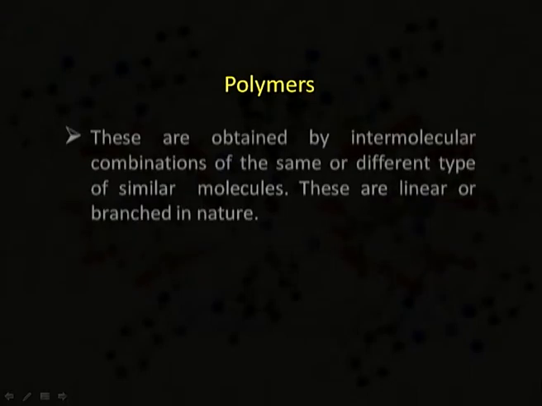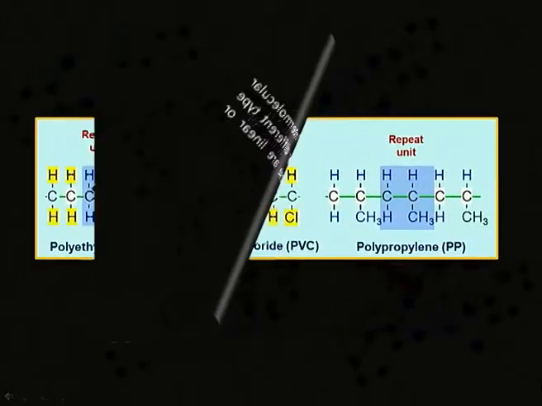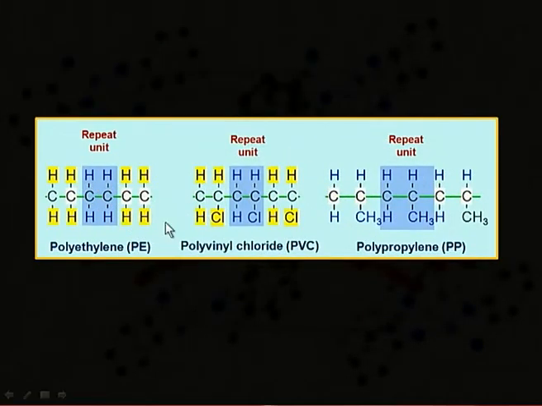So, first we must know what polymers are. These are obtained by intermolecular combinations of the same or different types of similar molecules. These are linear or branched in nature. In this diagram, we are seeing that in the center this is CH2 and CH2.